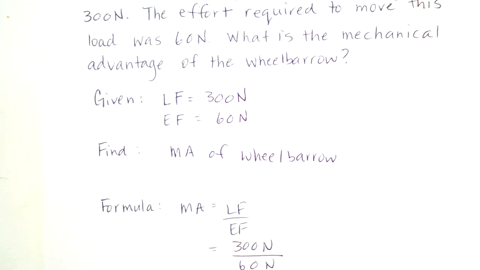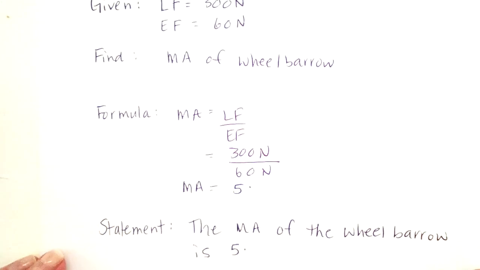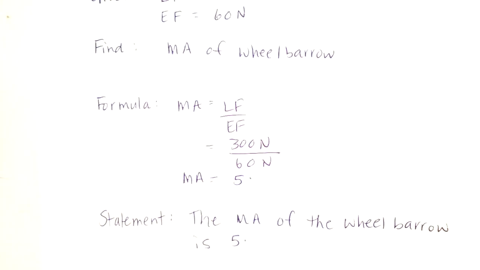Therefore, the mechanical advantage of the wheelbarrow is 5. Oh, forgot to slide it up. Okay. So we have our formula, our mechanical advantage, and lastly, we have our statement.